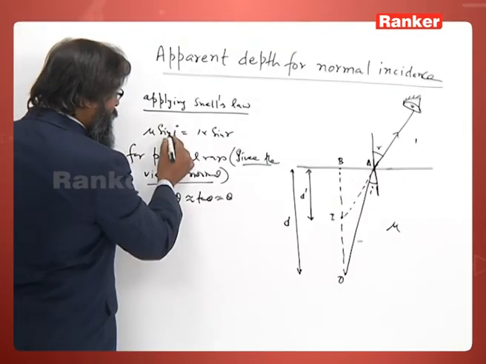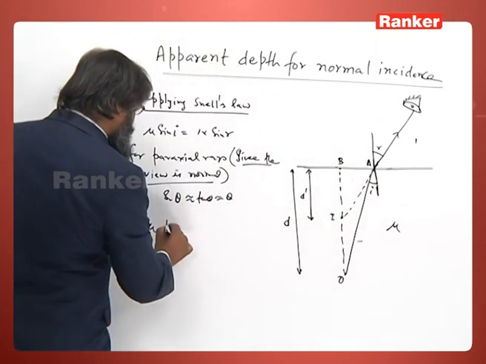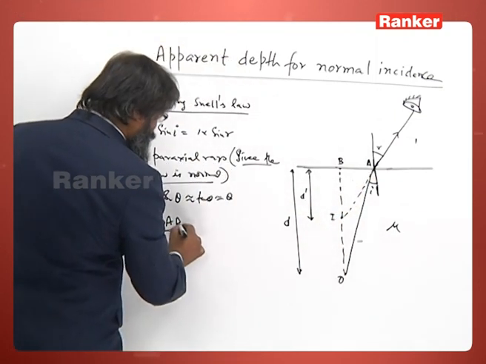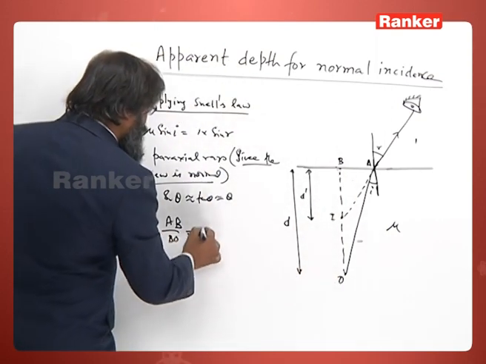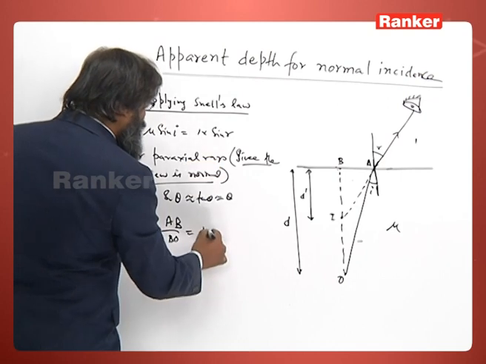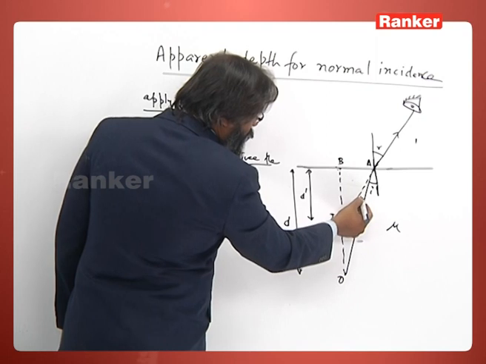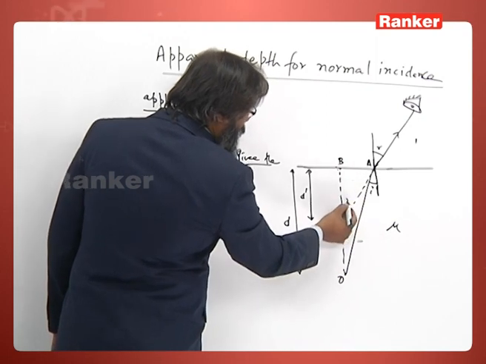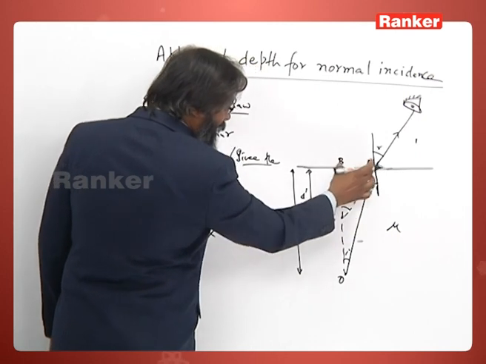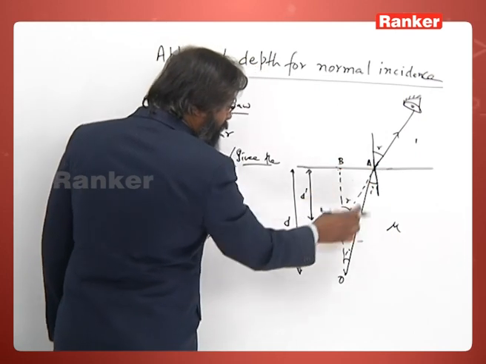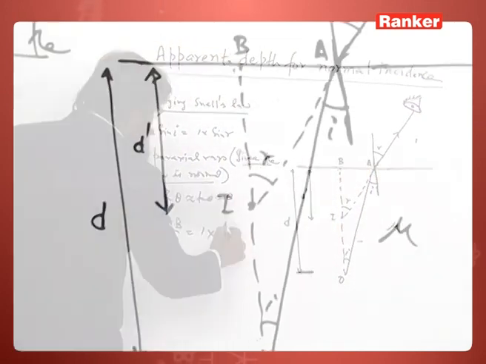So, mu sin I, meaning tan I, is AB by BO, is equal to 1 times sin R. This angle is R, so this angle is also R, and this is I. So, sin I is tan I, AB by BO, and sin R is tan R, that is AB by BI.